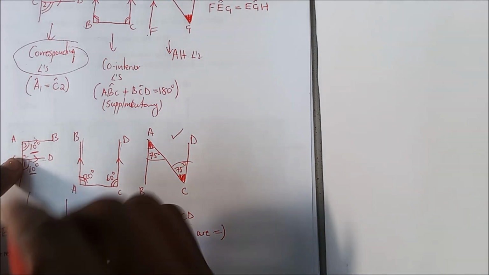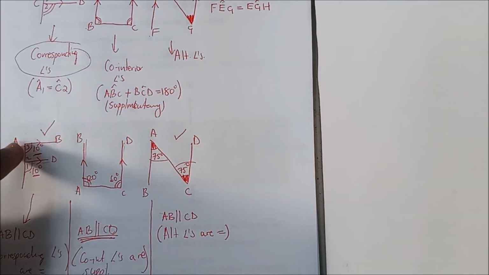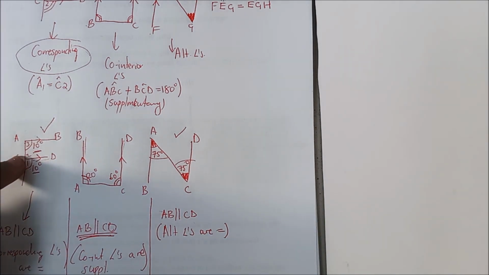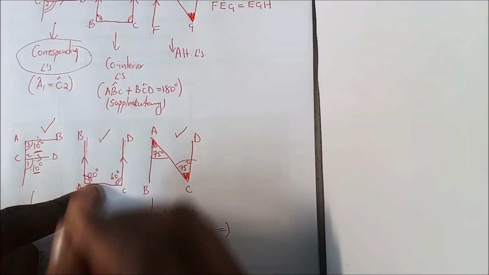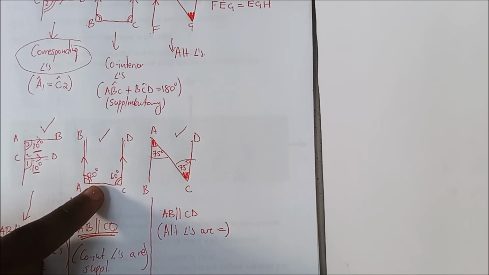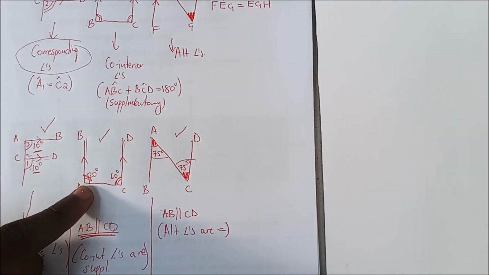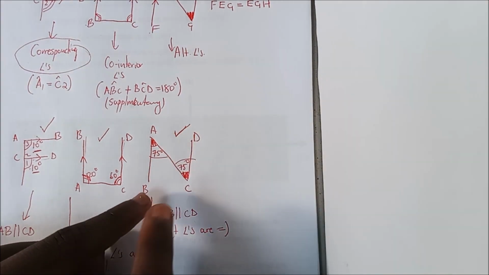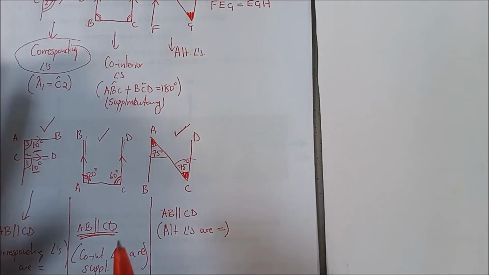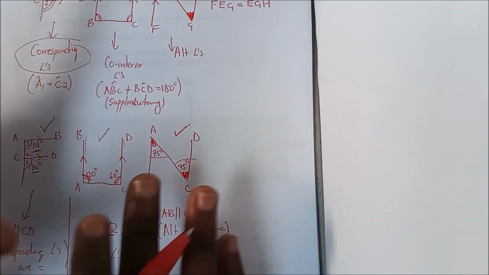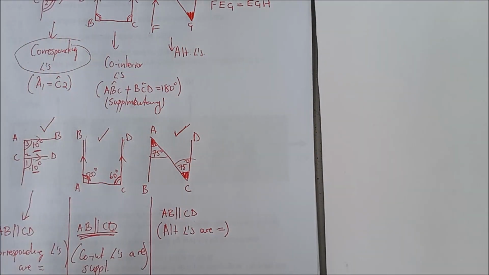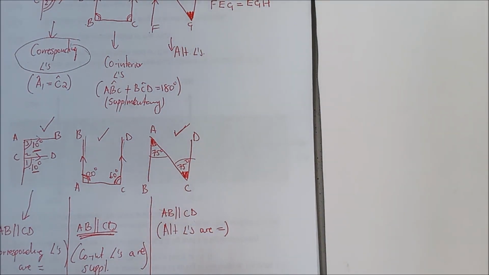Identify alternate or corresponding angles and prove that they are equal, or identify co-interior angles and prove that they add up to 180 degrees, or identify alternate angles and prove that they are equal. I will show you the application of these things, or how to prove parallel lines. So that's the first thing that you need to master.